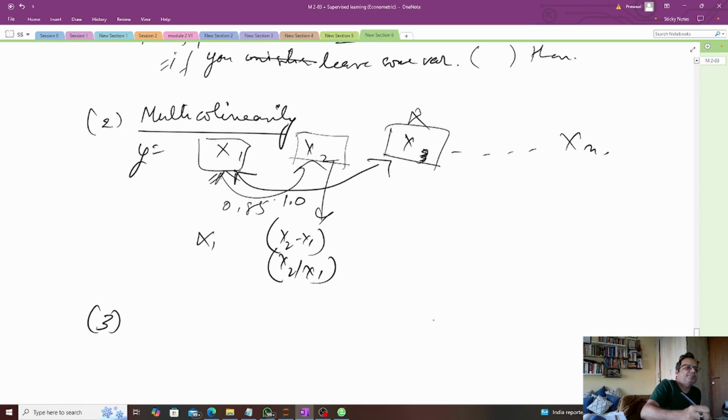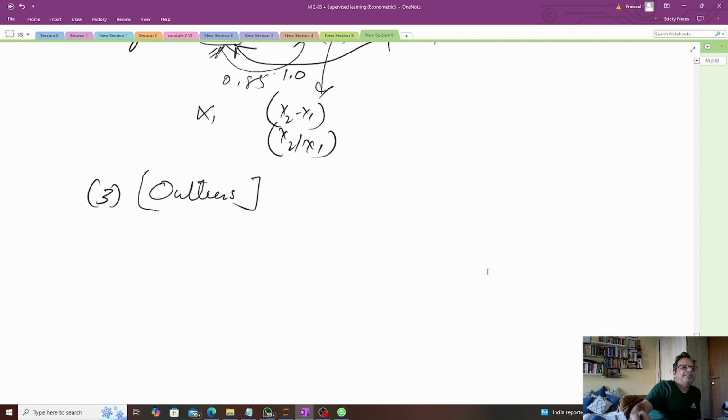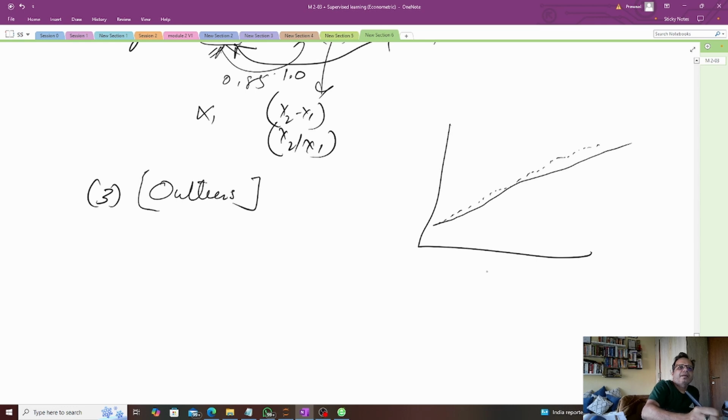The third problem, or the third assumption that you should know, is that outliers need to be removed. Having outliers in your data creates a lot of issues. Let's suppose this is your linear regression, and these are your data points, and you create this as a linear regression. But if there is an outlier here, then your line will go like this, because this guy is going to pull it towards this side.